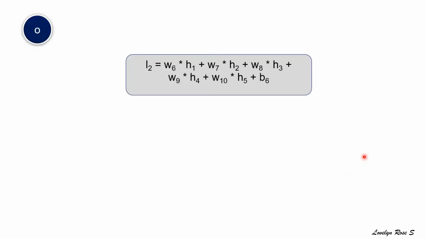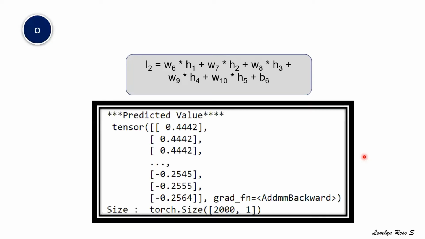What will be the output of the output node? It has to be L2. And as we can see, this now predicts this value after passing it through a normal linear layer. Remember, for this particular problem, we have not used any activation function in the last layer.